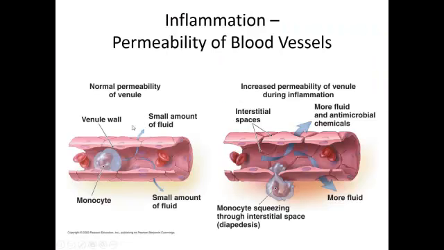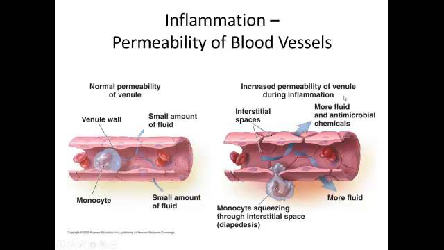So this is what a little venule, a little vein before it hits the capillaries, normally looks like. You have your epithelial cells tightly packed, and you do get a little bit of leakage of fluid. That's what causes interstitial fluid, the lymph, to bring nutrients and oxygen to the surrounding cells. The blood cells stay inside.